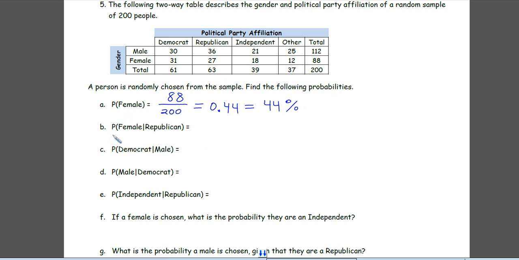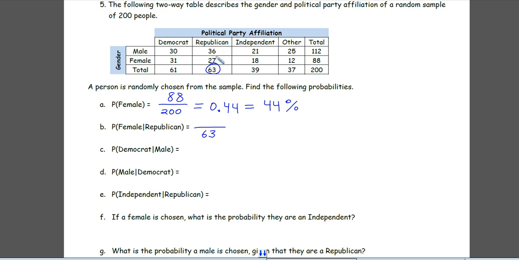The next one is going to be our conditional: the probability that a female is chosen given that the person is a Republican. So if a random person is chosen from the sample, what's the probability that that person's female given that we know the person's a Republican? Well, how many Republicans are there? There are 63 Republicans, and of those 63 Republicans, how many of them are female?